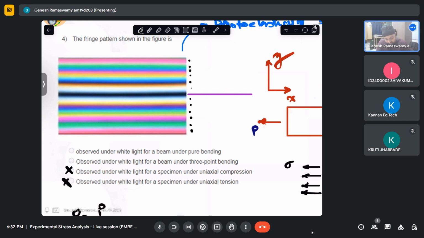So one possibility is that there is tension on one side and compression on the other side, and it is not able to tell the difference, which actually is the case.